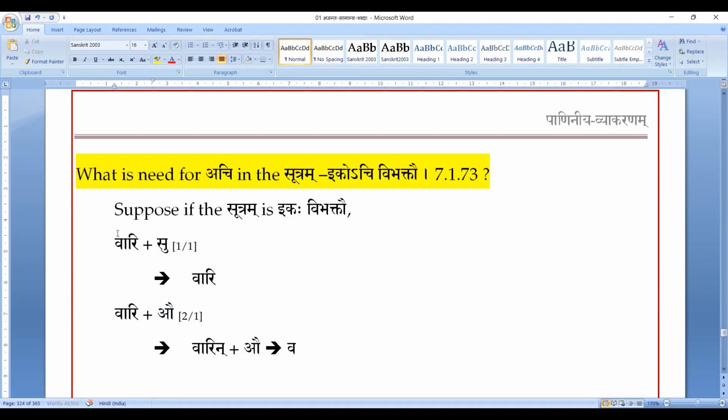Then au will be replaced by shi, therefore you get the form varini, right? Okay, now suppose in the sutra achi is not there. Num will come by ikaha vibhakto. Anyway, you will get the same form, right? With achi or without achi, you get the same.